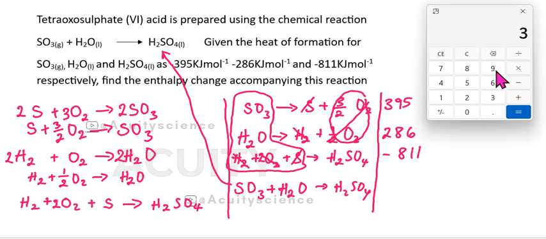We have 395 plus 286, plus, not plus this time, sorry, minus now, minus 811, equals minus 130 kilojoule per mole. And that's our final answer. Easy.